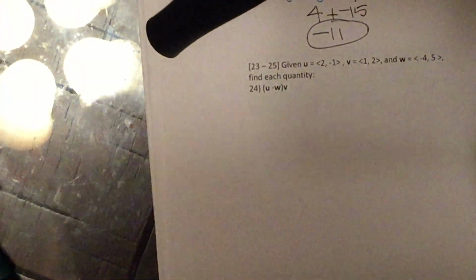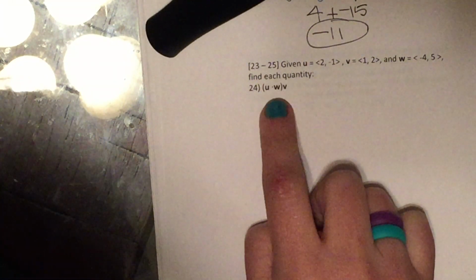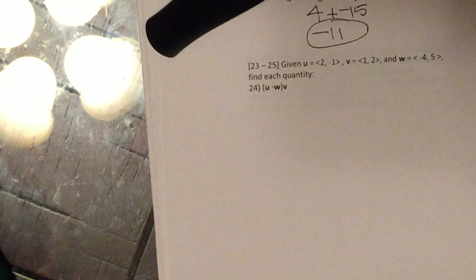Number 24. Okay, so number 24, I have u dot w. So parentheses first, we're going to do this dot product. The dot product of u with w.